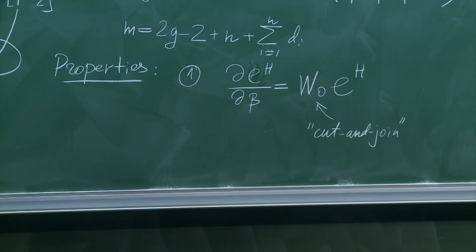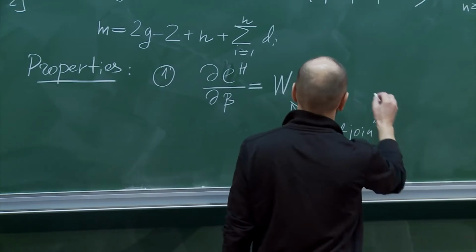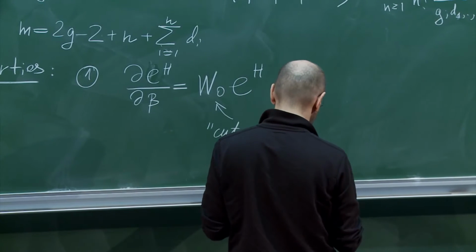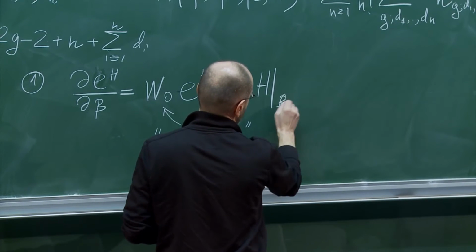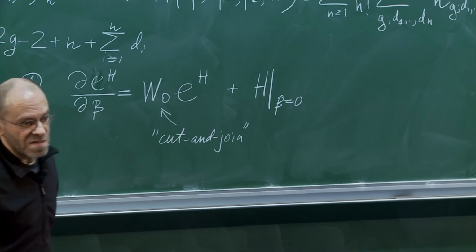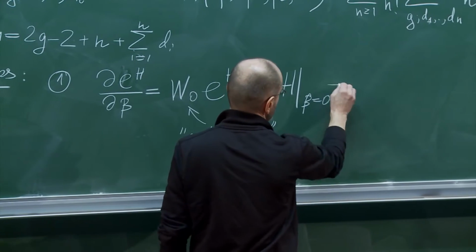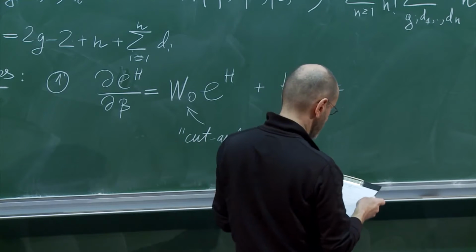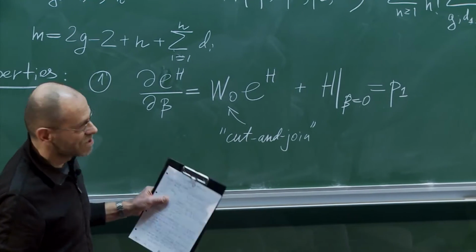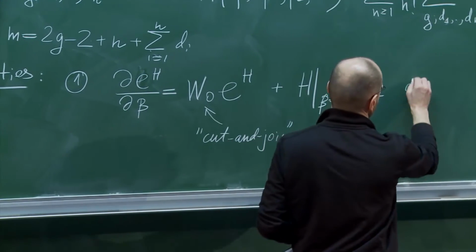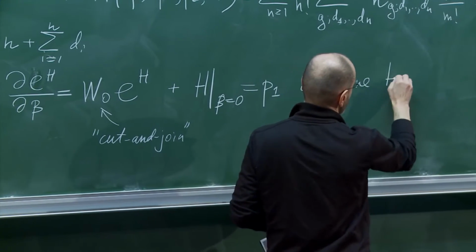And what is nice about this equation, that together with the initial condition, which is quite simple, at beta equal to 0, h is just p1. So this evolution equation and the initial condition determine the generating series h uniquely.